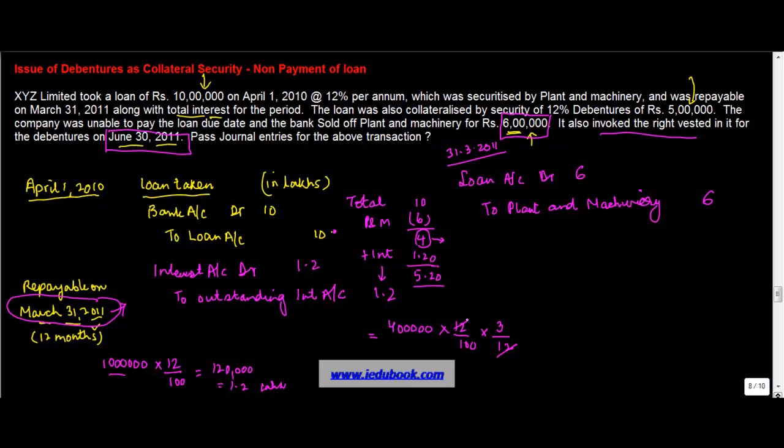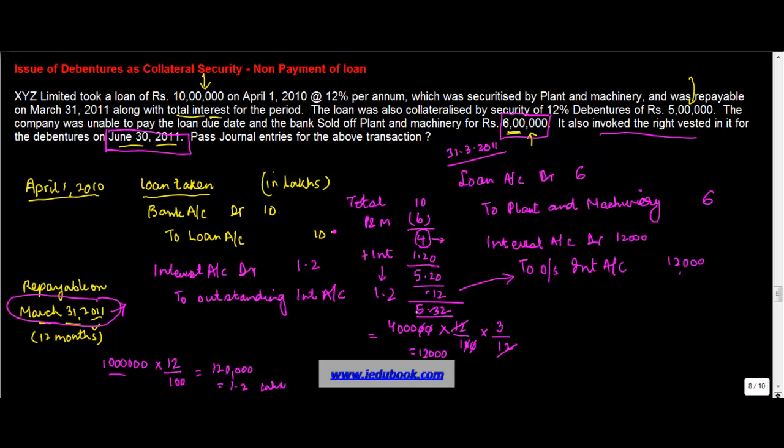So this cancels out, and it is 12,000. So we will provide another entry here where we debit interest account 12,000 to outstanding interest account 12,000. So in addition to this 5.2, you also have 0.12, which is the outstanding interest payable to the bank.